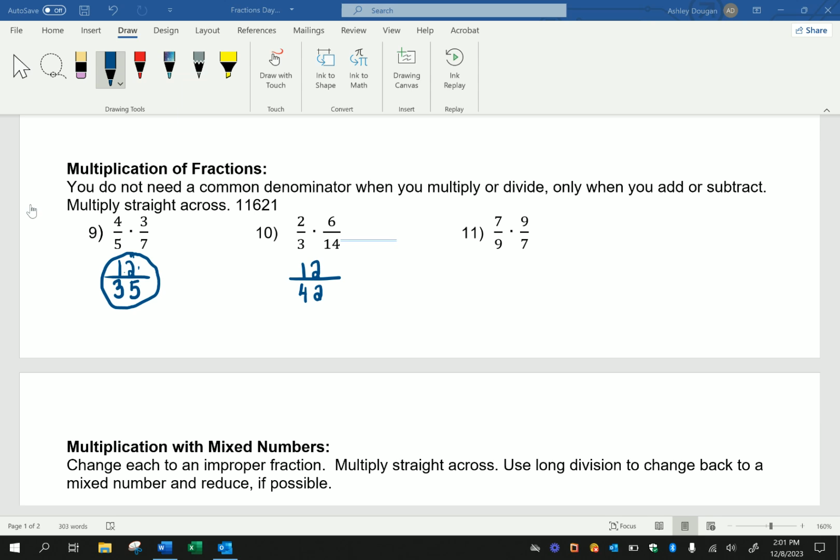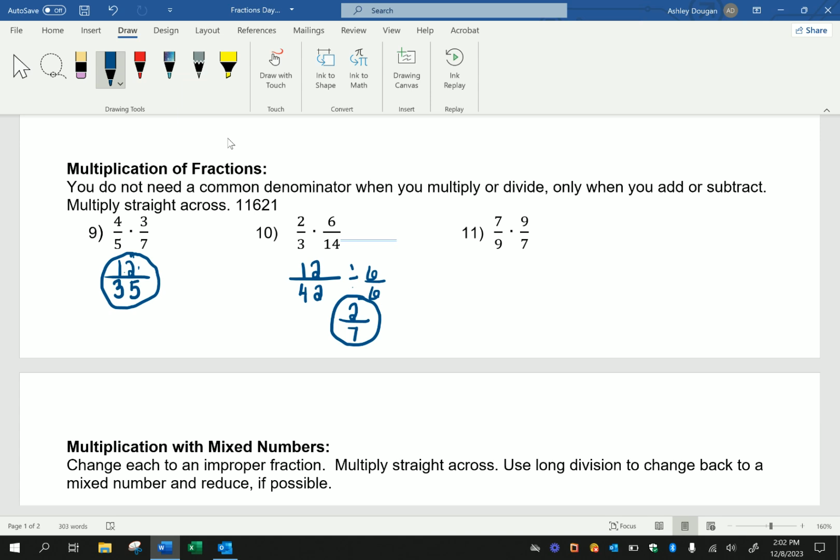But there is another number larger than 2 that we could use. I think 6 divides evenly into both 12 and 42. 12 divided by 6 is 2. And 42 divided by 6 gives me 7. And so 2/7 would be 12 over 42 in simplest form.